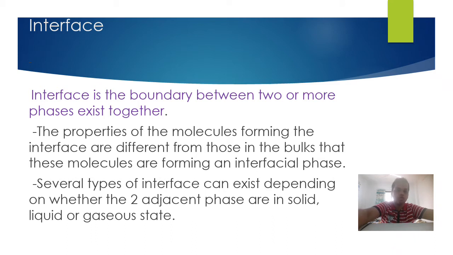There is also a variation in their properties compared to the molecules present in the bulk, and so several types of interface can exist depending upon whether the two adjacent phases are in a solid, liquid, or gaseous state. So interface can exist between solid and solid, solid and liquid, or liquid and gas. Depending upon the various states of matter, the interface can exist.